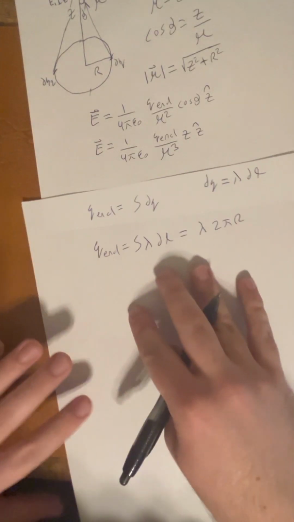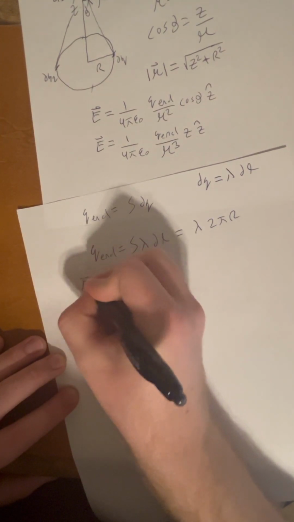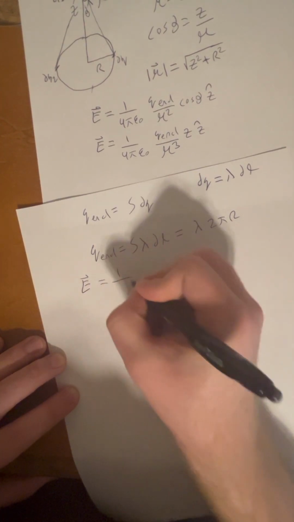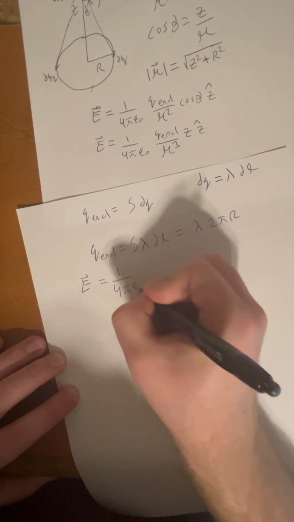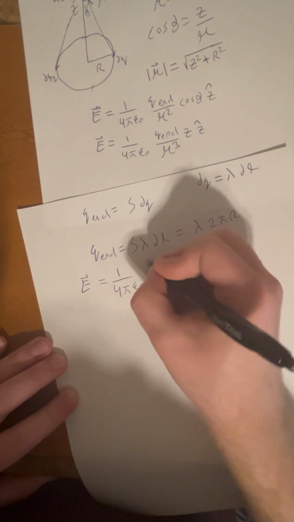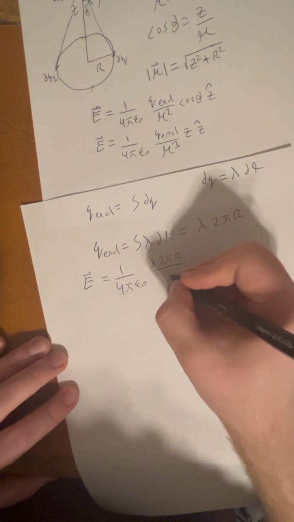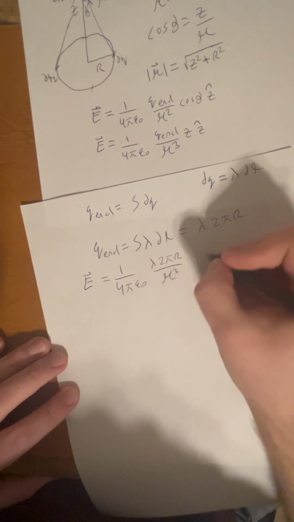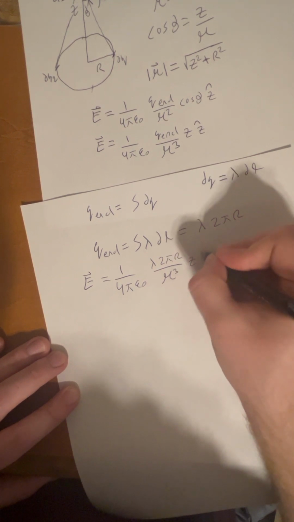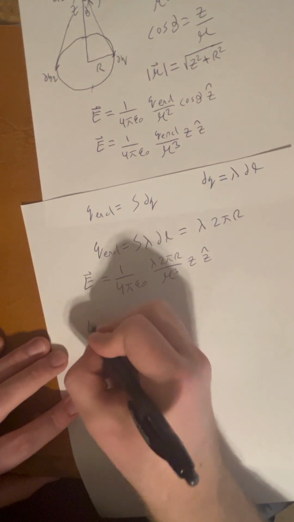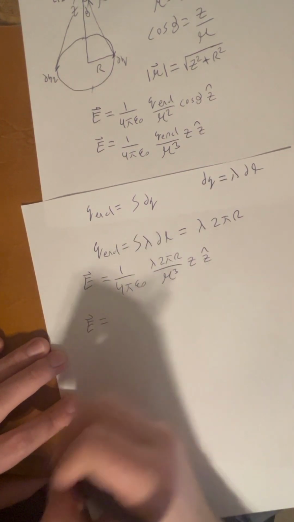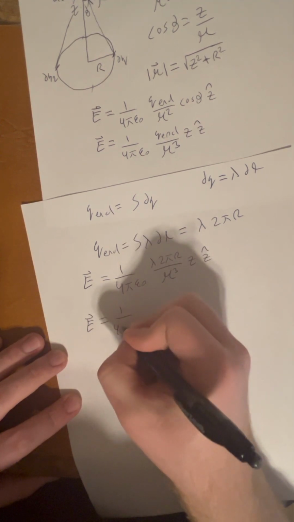Now that we have that piece, we can further make substitutions. Our electric field vector is equal to 1 over 4 pi epsilon naught times q enclosed, which we found to be lambda 2 pi R, over script r cubed, times z in the z hat direction. From here, it's just a matter of substitutions.